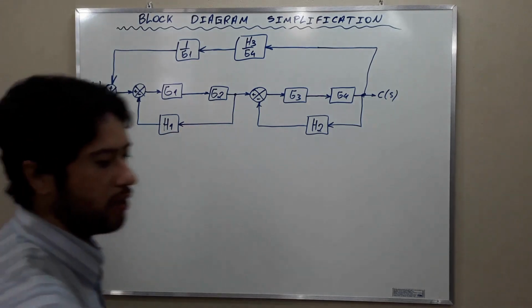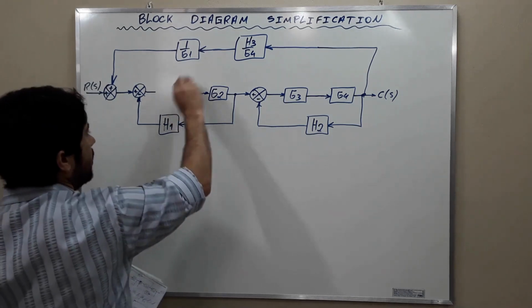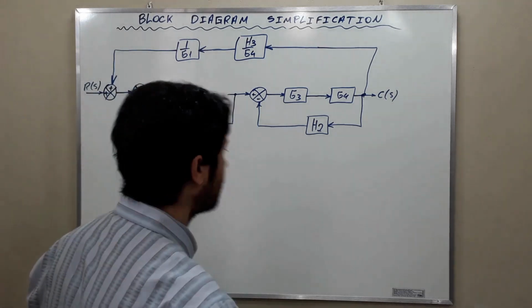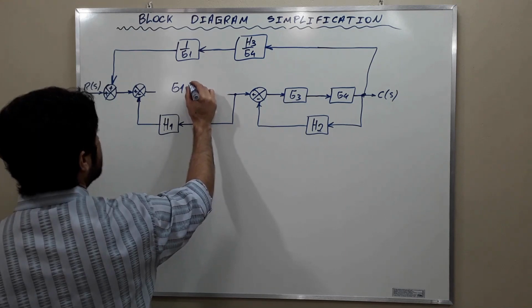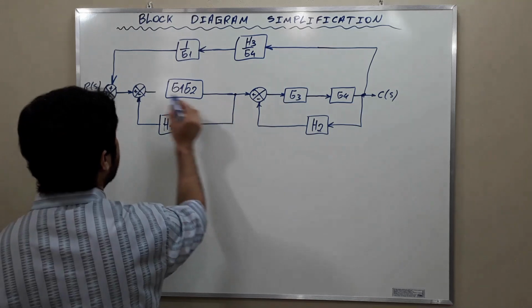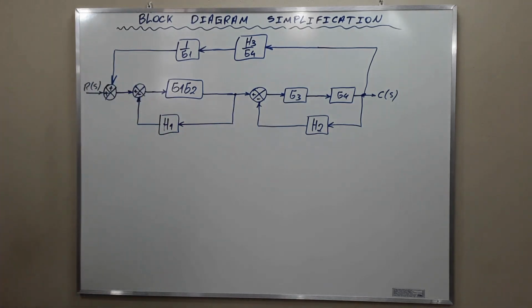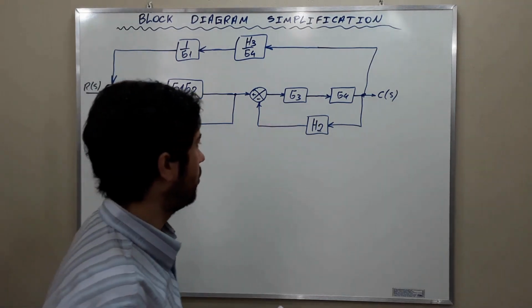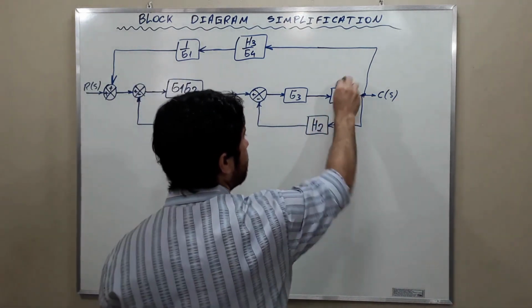Then here, instead of G1 and G2, it is going to be G1 times G2. Similarly, we do for this feedback loop. It is going to be G3 times G4.